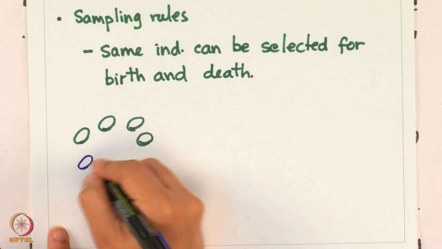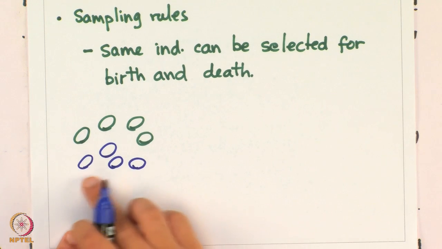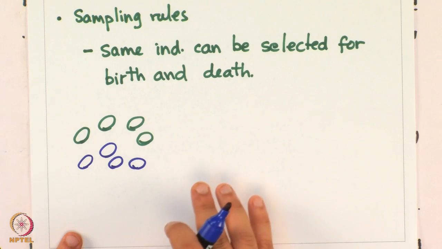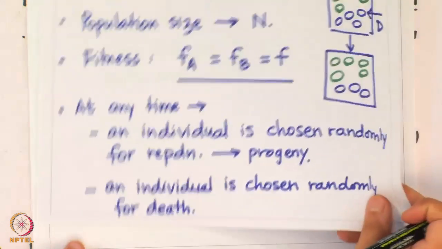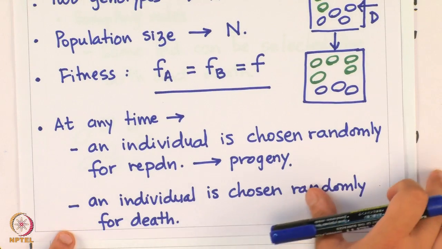Again, in terms of our example, what we mean here is that if we have a bunch of individuals belonging to genotype 1 and these are the individuals belonging to genotype 2, because I am choosing individuals for birth and death randomly, there is no bias associated with it. The choice of individuals for birth and death is random in nature.